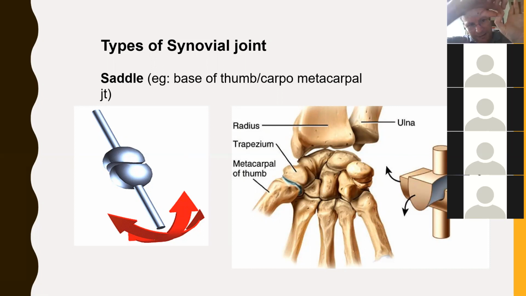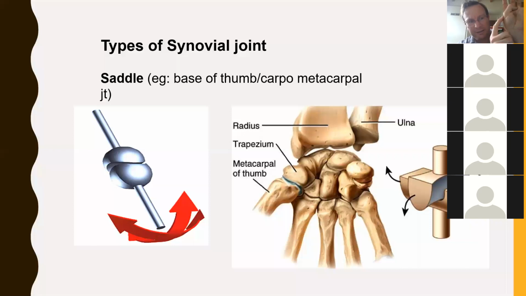So here we have a very pure sort of flexion and extension. Here we have quite a pure flexion movement, but at the base, can you feel here, I can get movement in this direction, I can get movement in that direction, and so this gets quite a lot of movement.